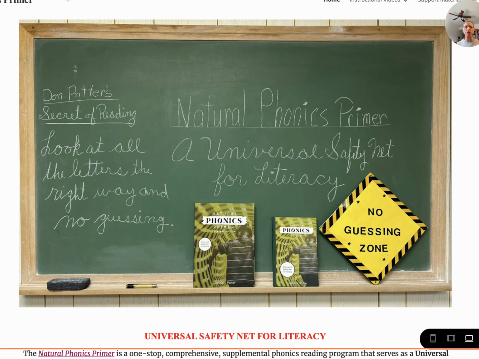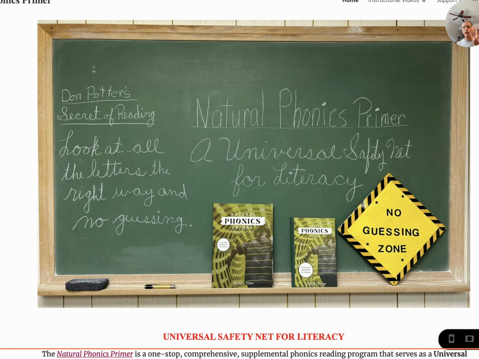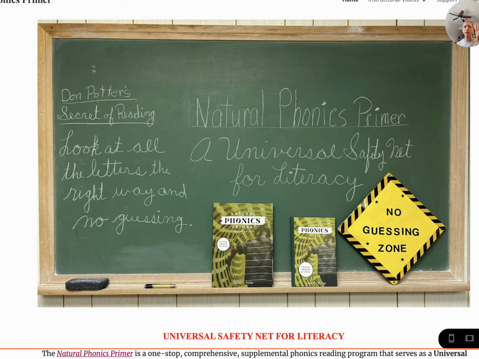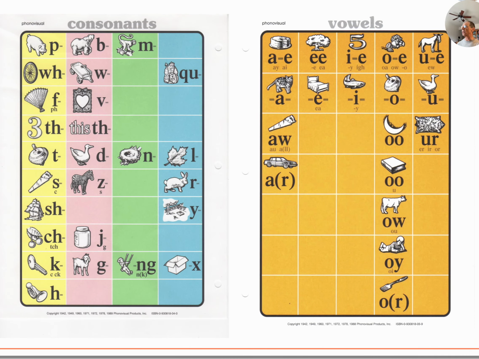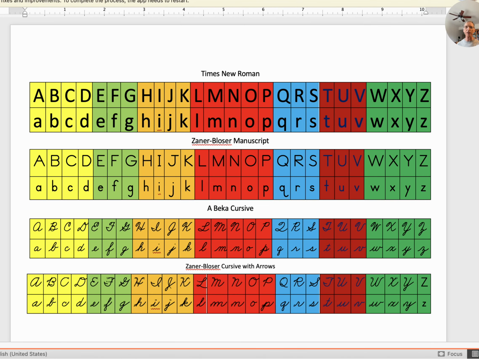Here we want to just focus on the charts that I'm going to use. There's actually 3 charts that we're going to be looking at here. The first one is just simply the alphabet, and you can get it off of my website.